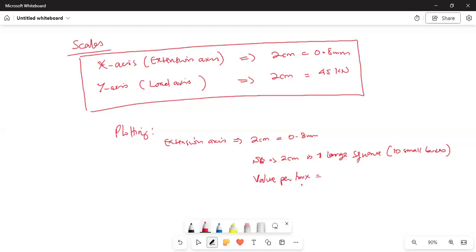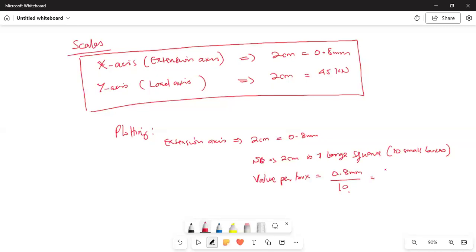If you want to know the value per box, then this is 0.8 millimeters. Divide this by 10. This 10 is the number of small boxes.